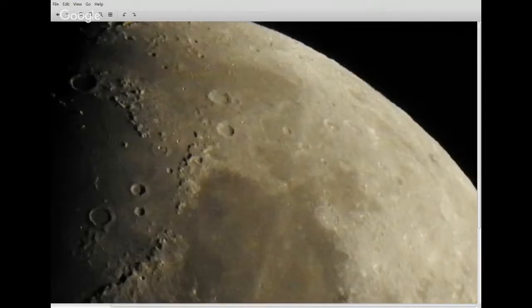But is it curving away or curving toward? The problem with curving toward, that is to say a dish or concave moon, is that you would expect the opposite side of the moon to be lit.